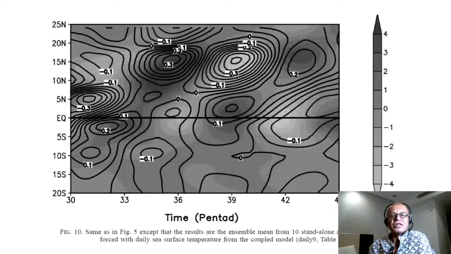In the coupled model experiment compared to SST forced experiments, you can see that in the SST forced experiment, the sea surface temperature anomalies and precipitation anomalies occur simultaneously. So the phase lag-lead relation between sea surface temperature and precipitation rates is not captured when you do SST forcing, which also indicates that air-sea interactions and coupling are likely important for intraseasonal timescales.